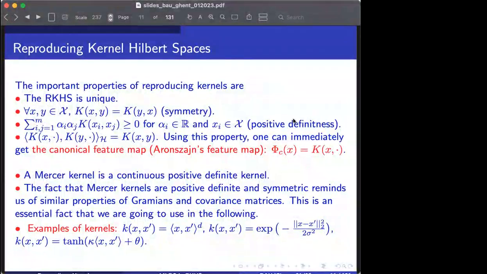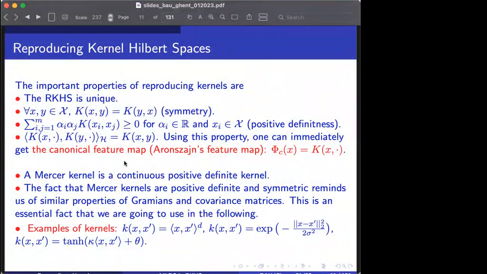We have positive definiteness according to this definition, and we can write k(x,y) as the inner product of k_x(·) with k_y(·) in H. This gives us the so-called canonical feature map, also called the Aronszajn feature map, phi(x) equal to k_x(·). So you see here k(x,y) is written as the inner product of phi(x) with phi(y) in H.